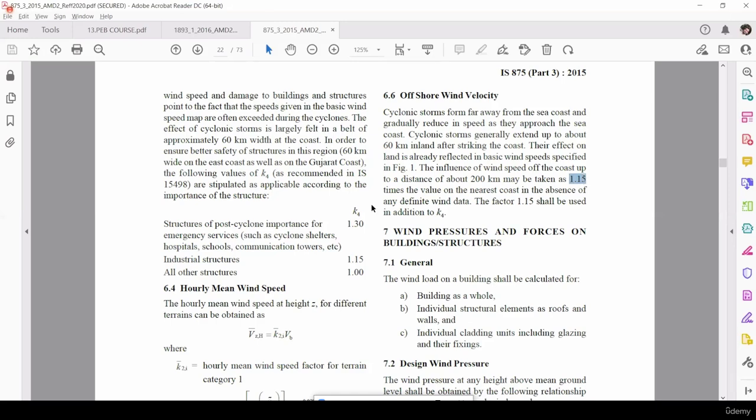Maybe I have not got projects in these areas till now. Probably there is a certain range. For example, within 200 kilometers from the coastal region, you have to take 1.15 in addition to the regular K4.